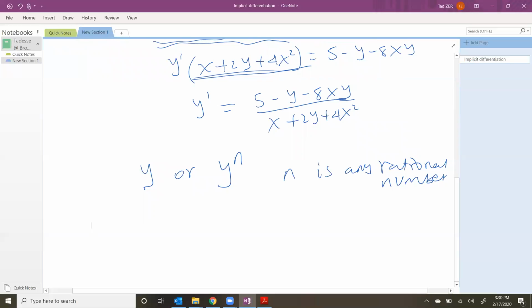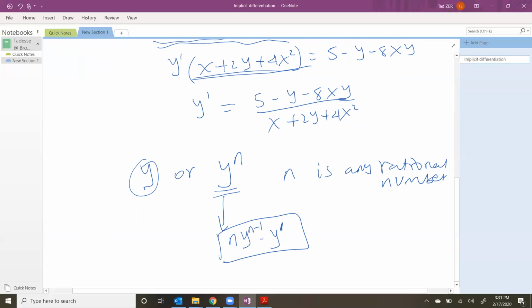You have to use the product rule, quotient rule, whatever. But every time you want to find the derivative of y to the n, the derivative becomes n times y to the n minus 1 times y prime. That is very important, times y prime. That is what you have to remember always.